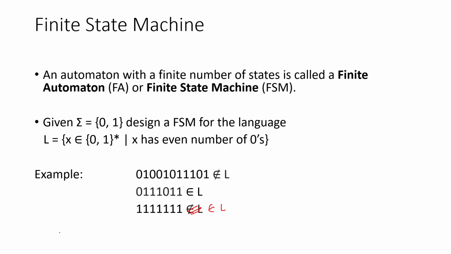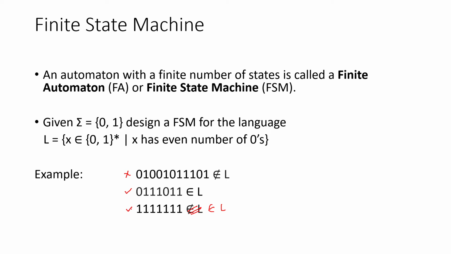Now the question is how the finite state machine will be designed. This should be accepted by the finite state machine, and also this should be accepted by the finite state machine.